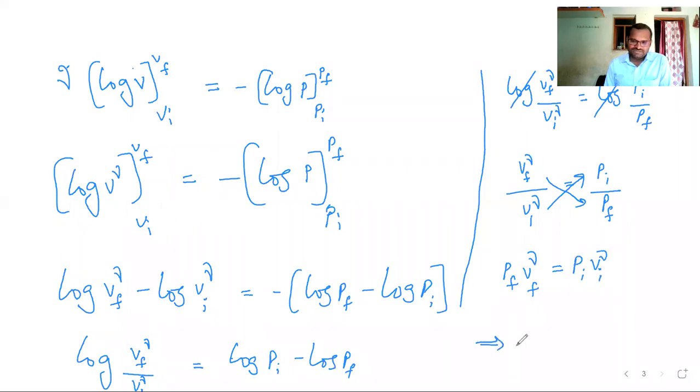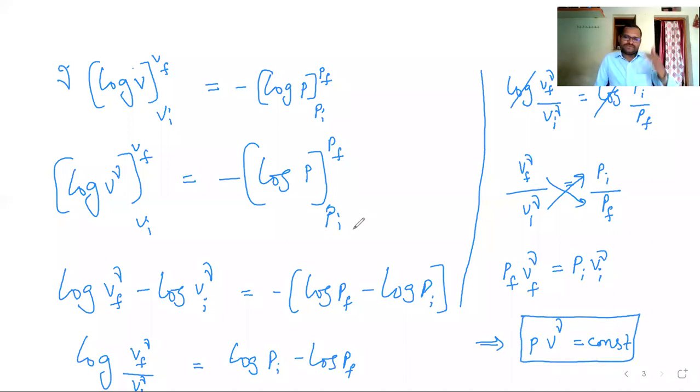That means P V power gamma is constant. This is the point I am trying to get from yesterday onwards. In adiabatic process, the equation is P V power gamma is constant.